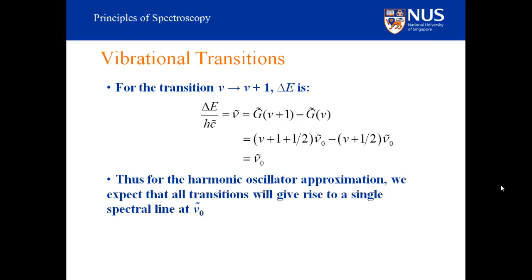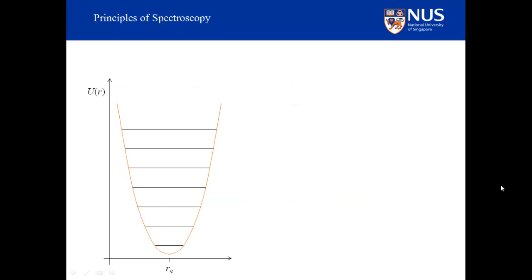Thus, for the harmonic oscillator approximation, we expect that all transitions, say from v equals 0 to v equals 1, or from v equals 1 to v equals 2, will all exhibit a spectral feature at nu 0. Thus, all the spectral lines associated with every transition occur at exactly the same frequency.